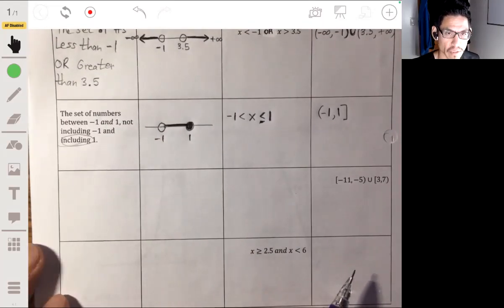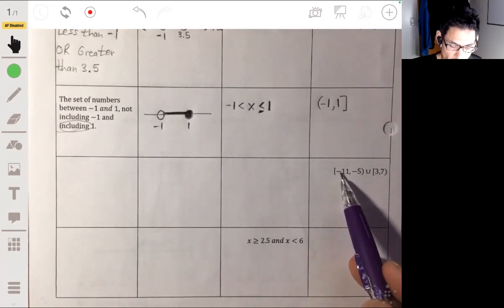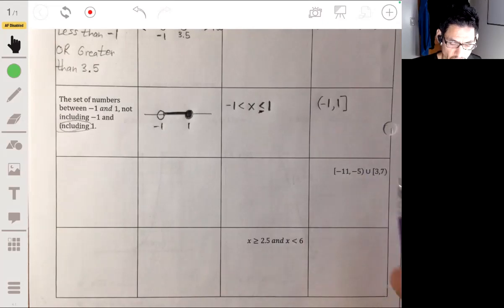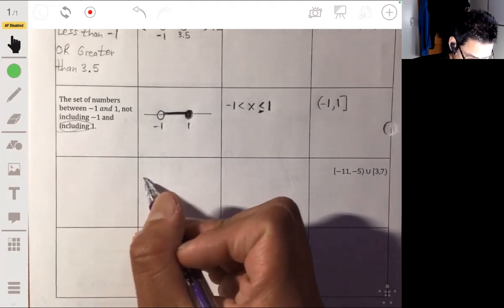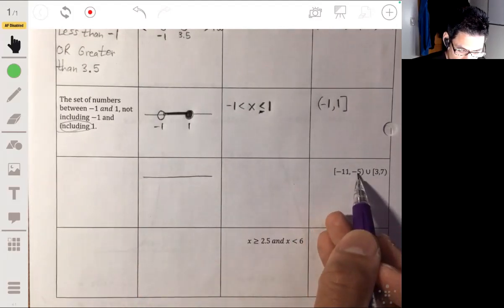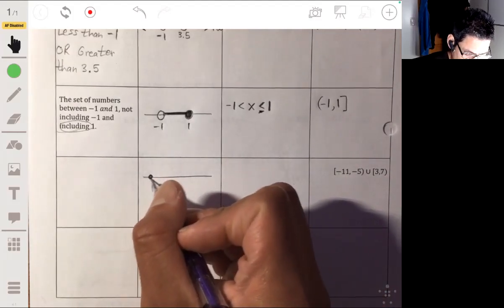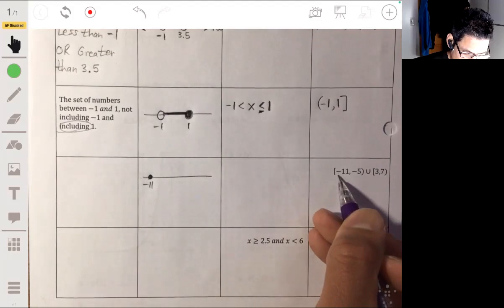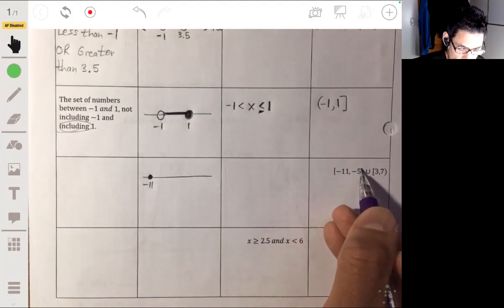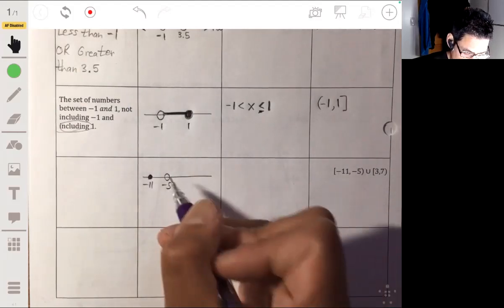Next we got, it starts with the interval notation. We have -11 to -5, union 3 to 7. Let's jump first to the number line. -11 to -5. -11 is going to have a closed circle because it has a bracket, which means we include -11. -5, we have an open circle because we have parentheses, meaning that we don't include it.